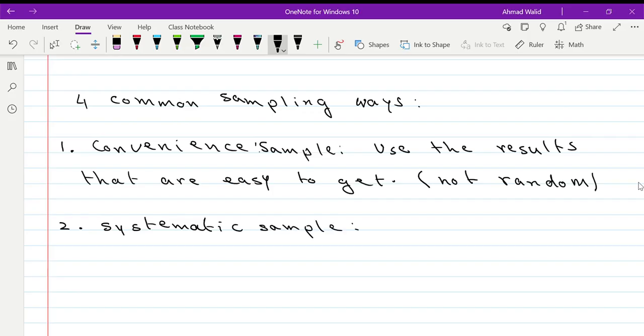What we do here is put the population in some order and select every kth member.